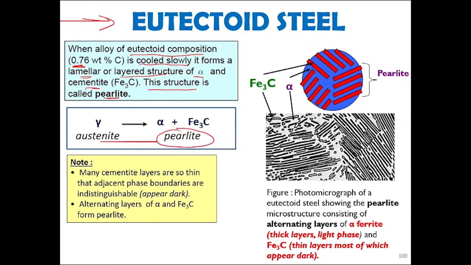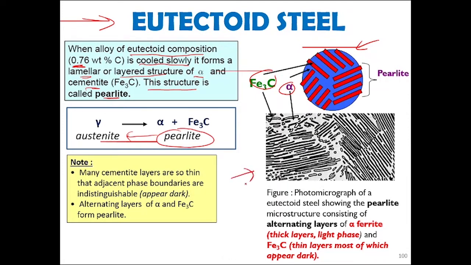Pearlite changes from austenite at 0.76 weight percent of carbon in iron to form eutectoid steel. As you can see in this drawing, we can see a layer of cementite and a layer of ferrite, but we cannot see any proeutectoid. Later on in hypo and hypereutectoid, we will find proeutectoid of either alpha ferrite or cementite.